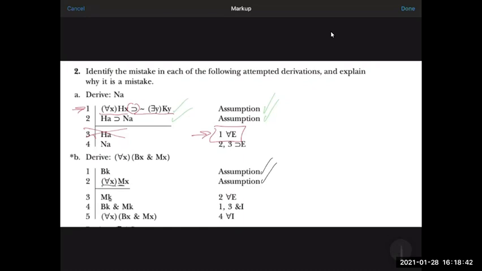All right, let's continue then. Line 4 is 1-3 conjunction introduction. Well, that looks legitimate too. You just took lines 1 and 3, put them together with an ampersand. That's fine. Okay. Line 5, universal introduction from line 4. Now, there's a couple of things that we need to do before we can actually do a universal introduction.